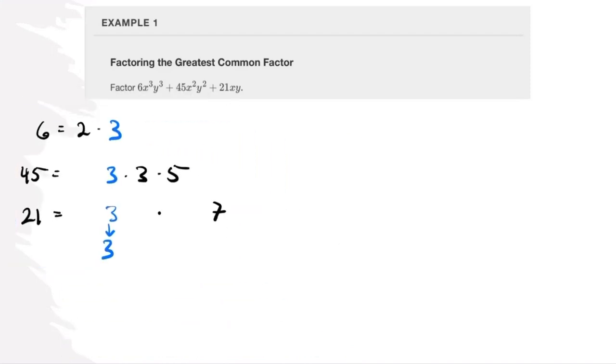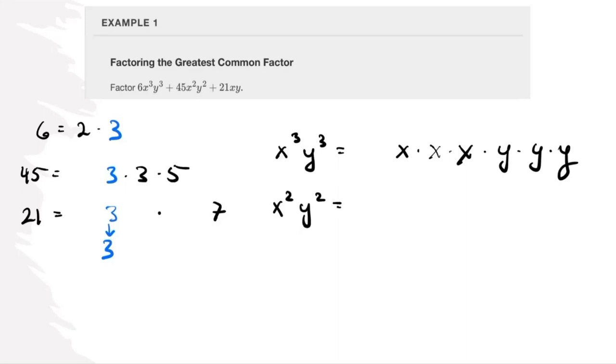Okay. So then if we look at our variables, we have x cubed, y cubed. So that's x times x times x times y times y times y, right? We have x squared, y squared, so we have 2 x's and 2 y's.